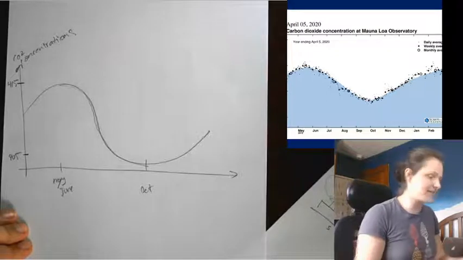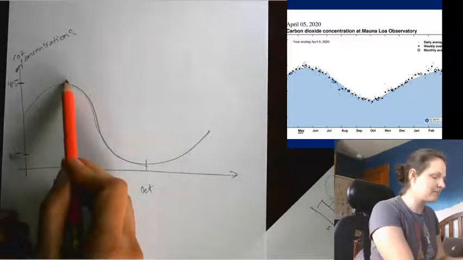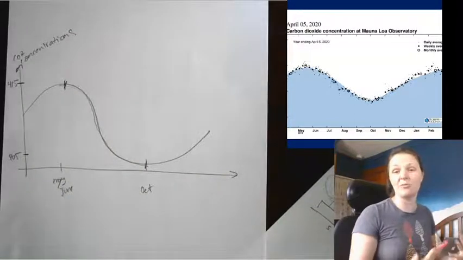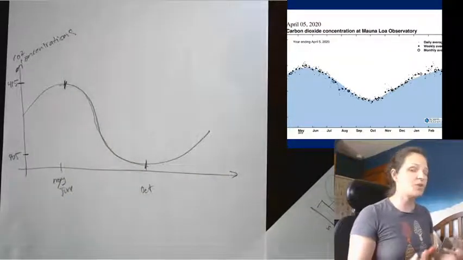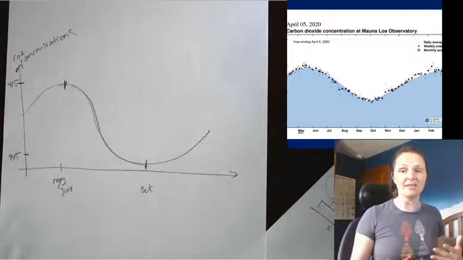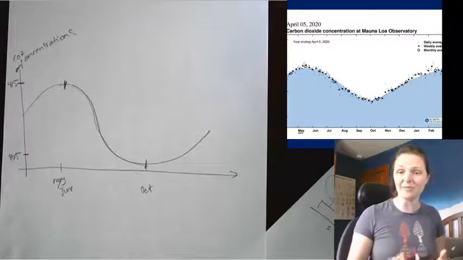So what's causing this? What happens between May and October? This is the growing season. At some point in your life, I promise you, you learned about cycles of photosynthesis and respiration.